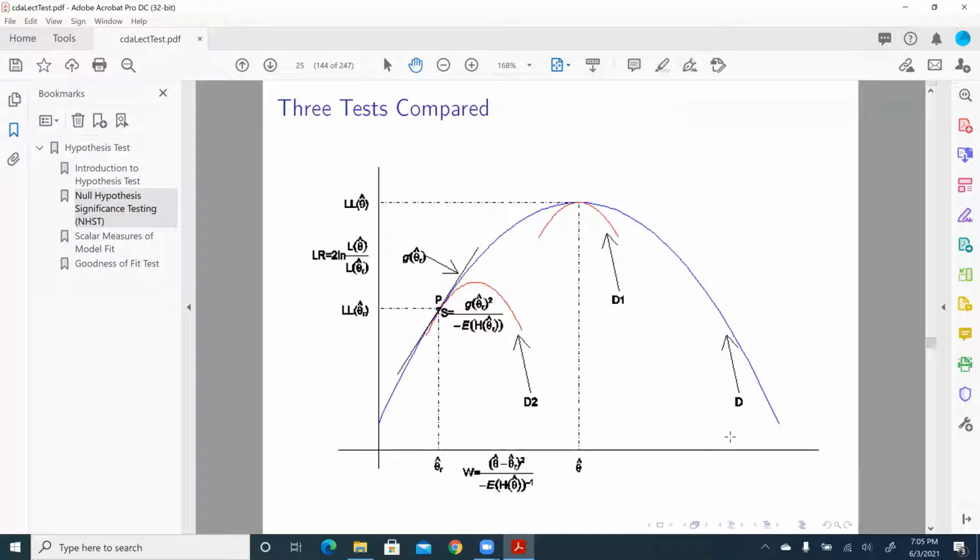And so here is a graphical display of all three tests compared in one place. This is the Wald test. We measure the horizontal distance and normalize by the variance of that curve, the log likelihood curve.